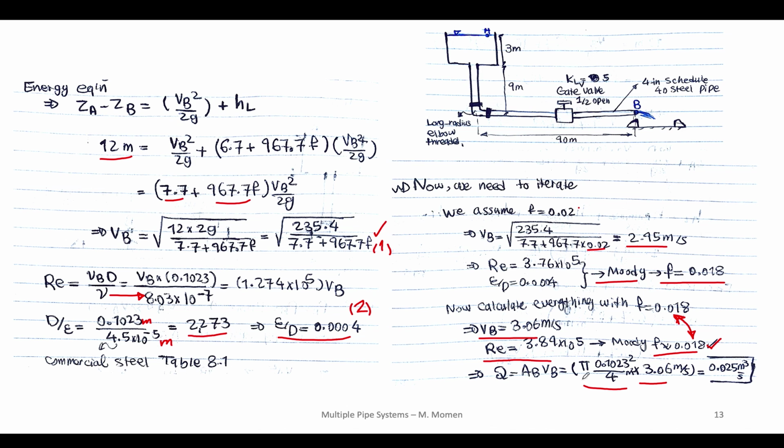It gives me the final answer for this problem: the flow rate at B is 0.025 meter cubed per second. So this is the final solution for this problem. Okay.